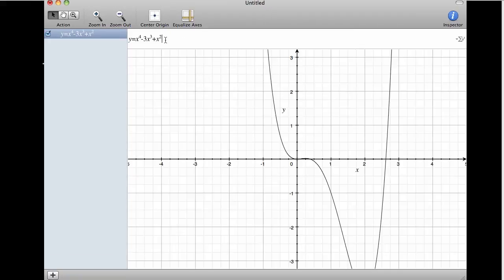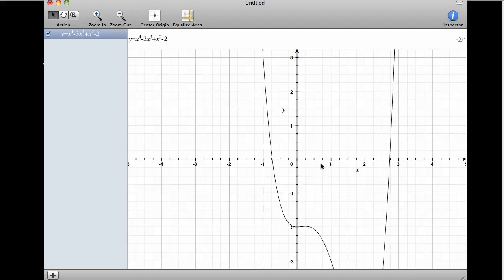Now, if we take that same function and, for example, say minus 2 on here, then what happens to the plot? Well, it doesn't go through the origin anymore, but it drops down to negative 2. If you plug x equals 0 into the equation, you'll see that y is equal to negative 2 at x equals 0. So that's what we got.